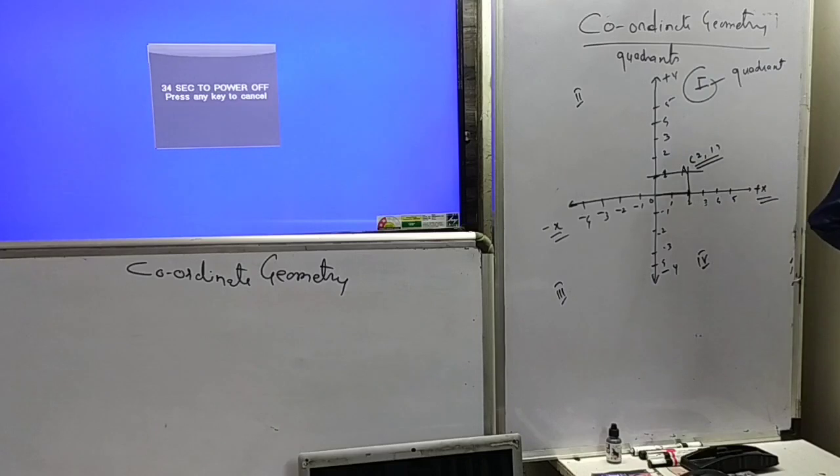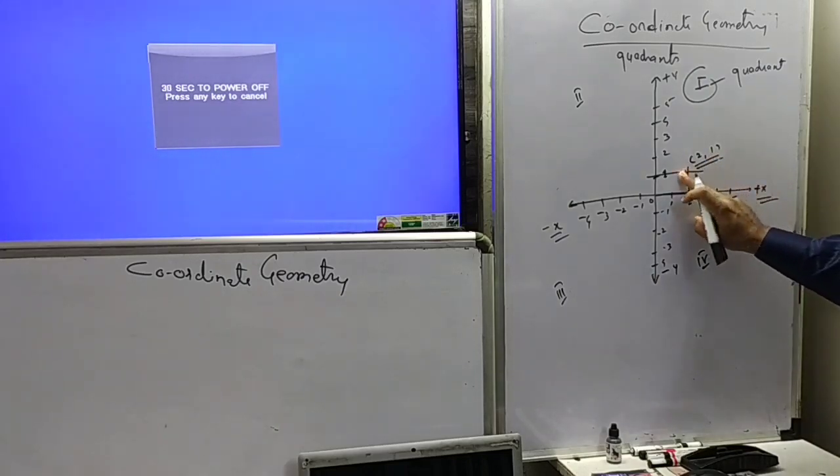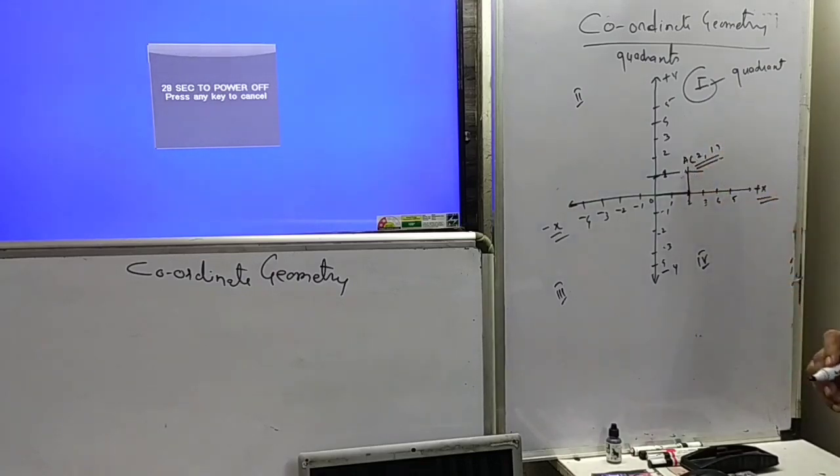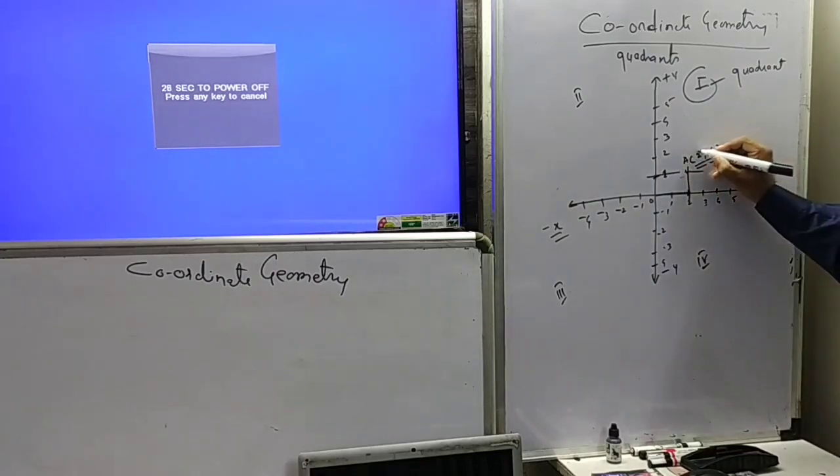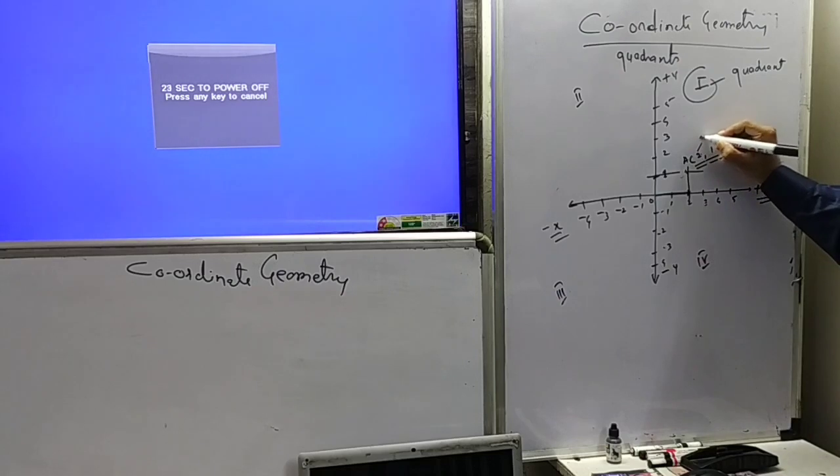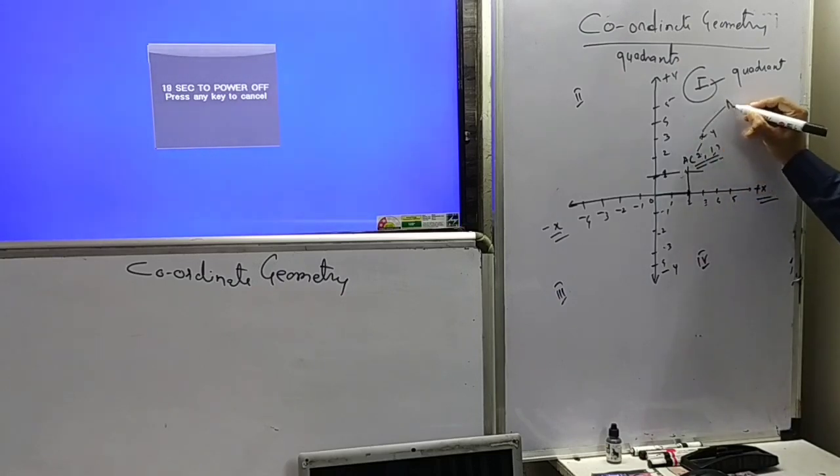This is called an ordered pair or Cartesian coordinates. This 2, 1 is the coordinate of A. This 2 is called the x coordinate, also called the abscissa, and this 1 is called the y coordinate, also called the ordinate.